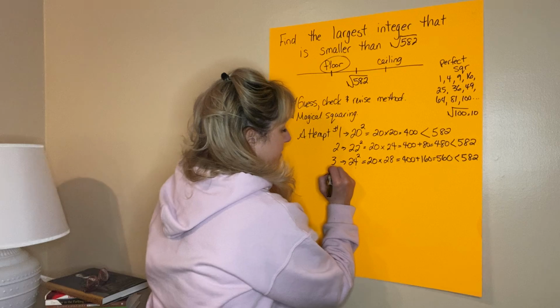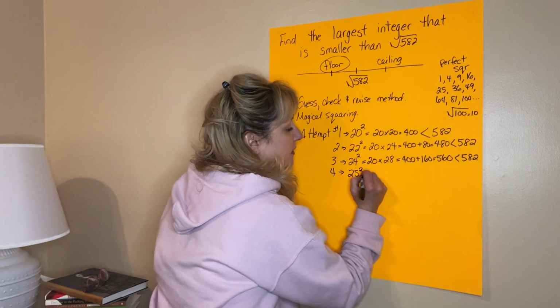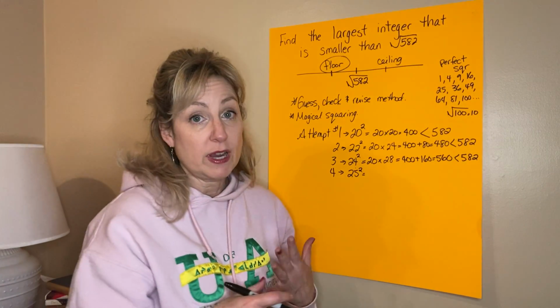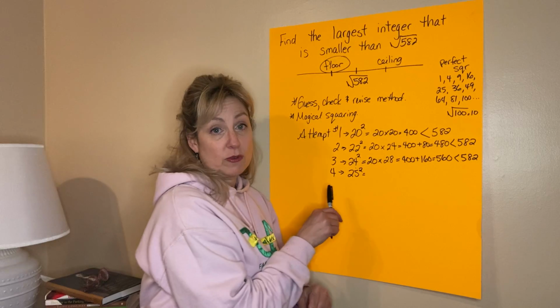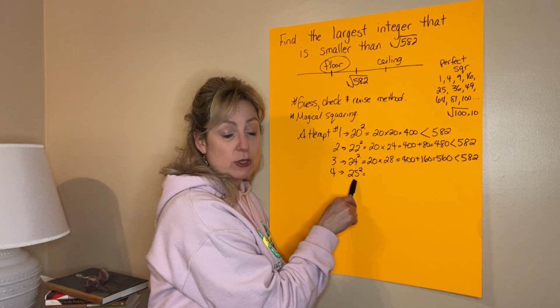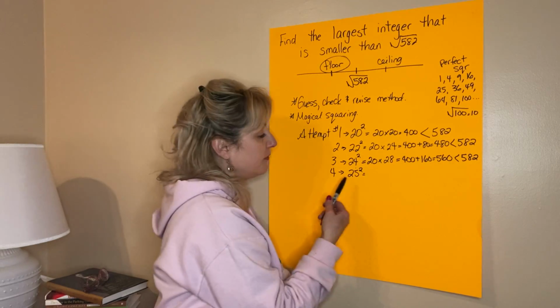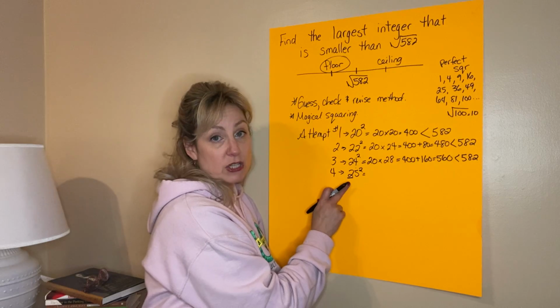So here, I'm going to square 25. Now, super cool trick. I'm not going to do the magical squaring with a 25, but what I can show you is whenever you're doing the square and the number ends with 5, you take the number that's not the 5.